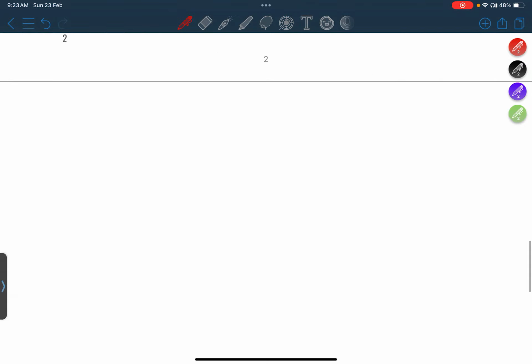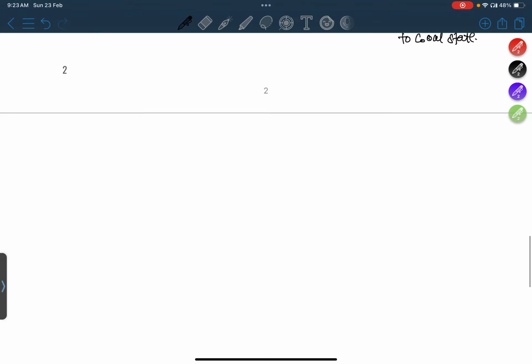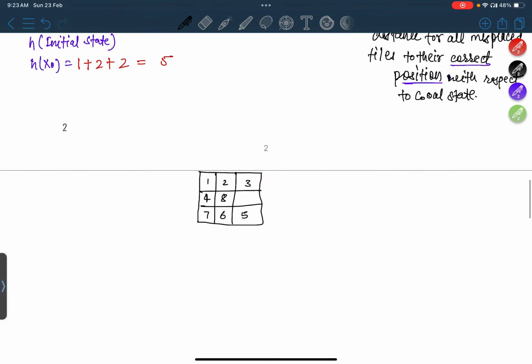Now let's generate all the successors of it. We knew what our initial state was. I can just draw it here. So our initial state was 1, 2, 3, 4, 8, 7, 6, 5, right?